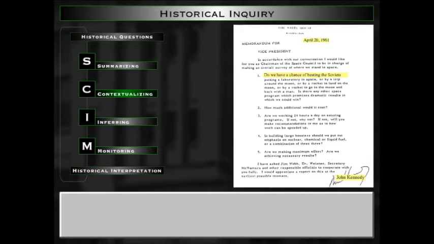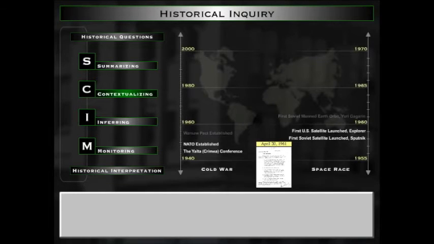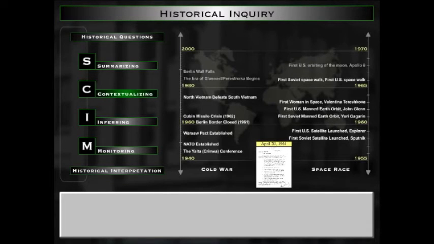Thus it is important to recognize that words, images, meanings, values, and customs of the period under study may be very different than those of today. For example, this letter was written in 1961, a time that was near the beginning of the space race, but well into the Cold War, a time when the relationship between the United States and the Soviet Union was strained.